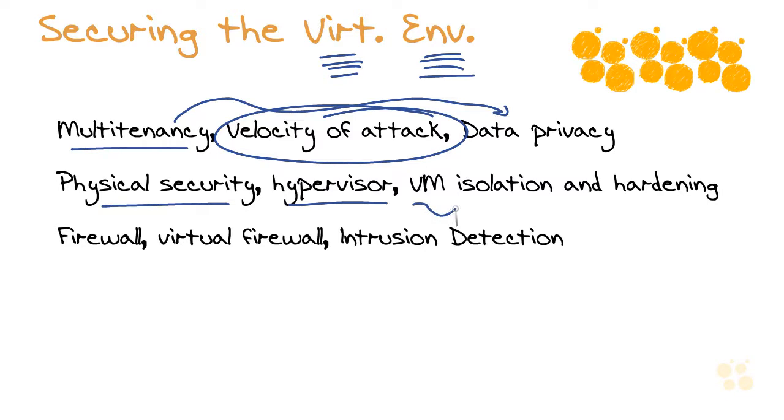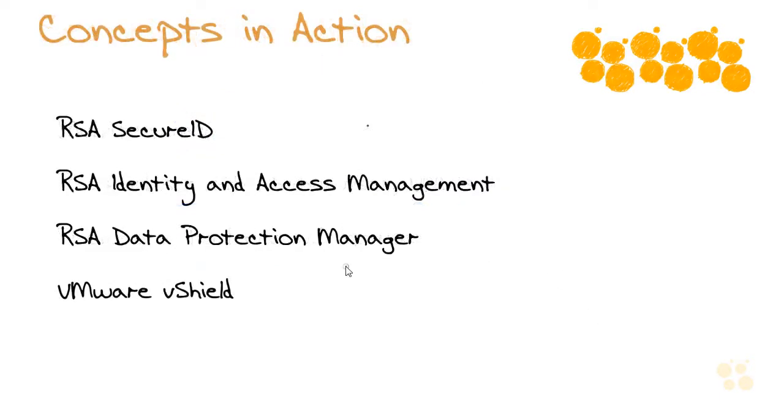We try and isolate VM problems from each other. We try and harden those VMs. And of course, there's virtual firewalls and intrusion detection systems that can indeed help us when it comes to securing such a complex environment.